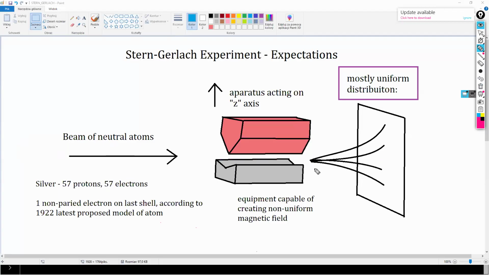And the actual expectations and the reality of the results of this experiment blew the minds of the scientists at that time.